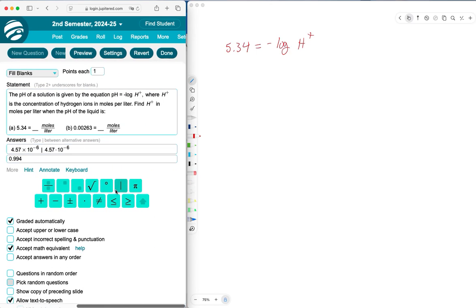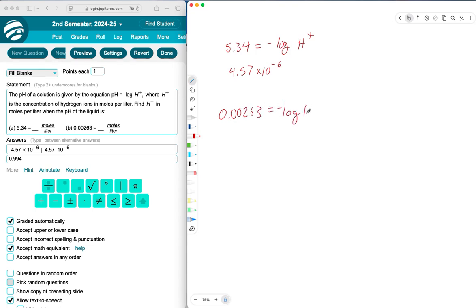Okay. So 0.994. I don't know where that came from. That is not the correct answer. Oh, that's the one for here. Sorry. This is the first answer. So this one is 4.57 times 10 to the negative 6. And the second one, 0.00263, that's going to be 0.994.